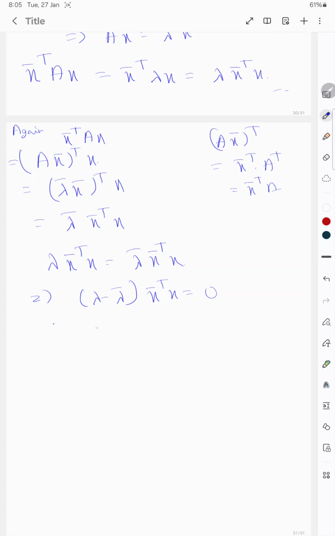So from there you have lambda equal to lambda bar. For which type of element is the conjugate equal to the element itself? Lambda equals lambda bar whenever your element is real, so the eigenvalue is real.